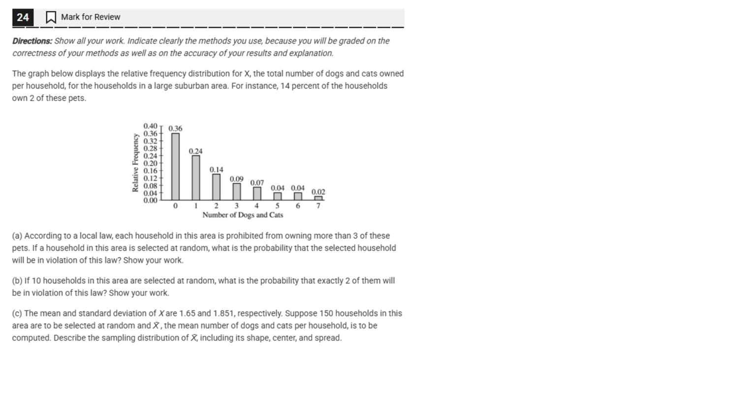Okay. The graph below displays relative frequency for distribution X, the total number of dogs and cats owned per household for the households in a large suburban area. For instance, 14% of the households own 2 of these pets. According to local law, each household in this area is prohibited from owning more than 3 of these pets. If a household in this area is selected at random, what's the probability that a selected household will be in violation of this law? Show your work. So A, more than 3 means these people, or these people, or these people, or these people.